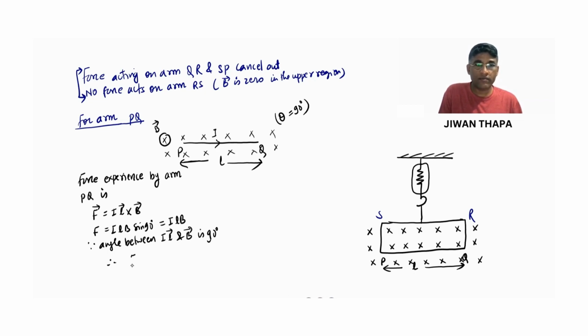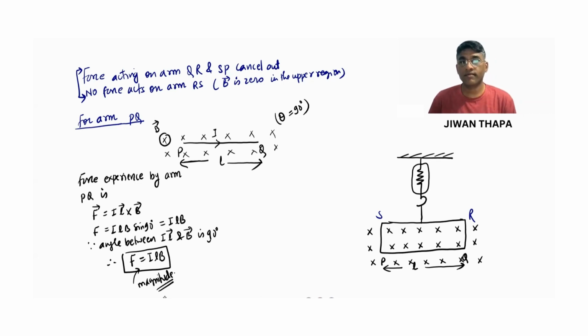So we have force experienced by arm PQ, that is F equals ILB. So this is in magnitude. Okay. So this gives me the magnitude. So we need to find its direction.